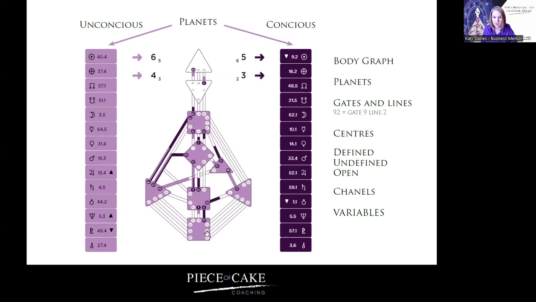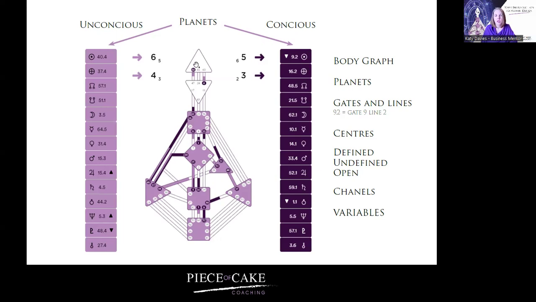Technically the line is there, but it's not colored in, so none of that part of my chart is activated. Whereas when both gates at either end of that line are activated and switched on, they're coloured in, and that's what creates a channel. And it's that channel that decides whether something is defined.